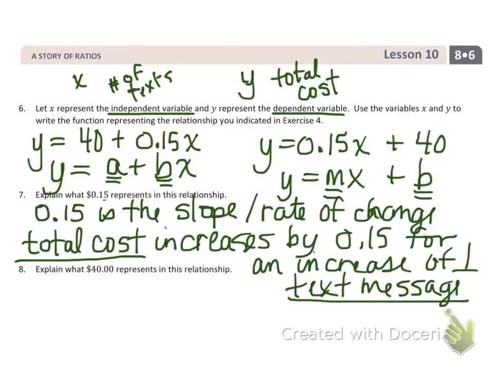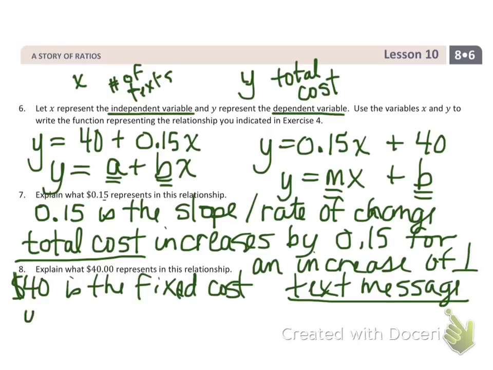It's the fixed cost. $40 is the fixed cost. Okay, that's the part that I pay even if I don't have any text messages. And it's going to be the y-intercept too in this linear function.